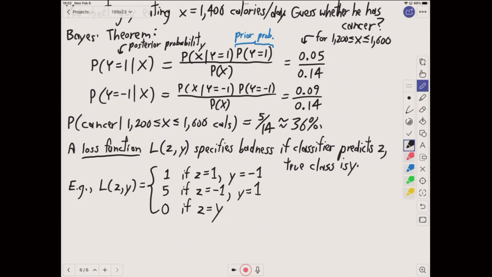So the first line is basically saying, okay, sure, a false positive is bad. We want to penalize it. The penalty will be 1. The second line is saying, but a false negative is really bad. And so we want to penalize it more, in this case, 5 times as much.